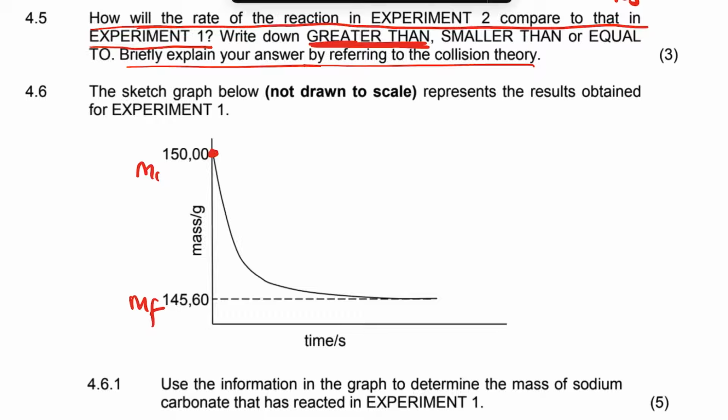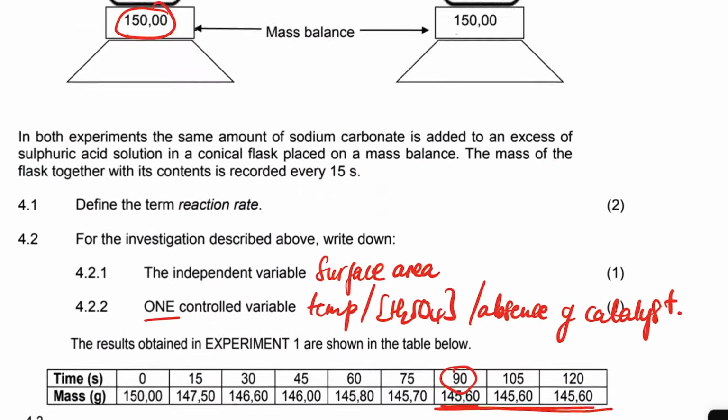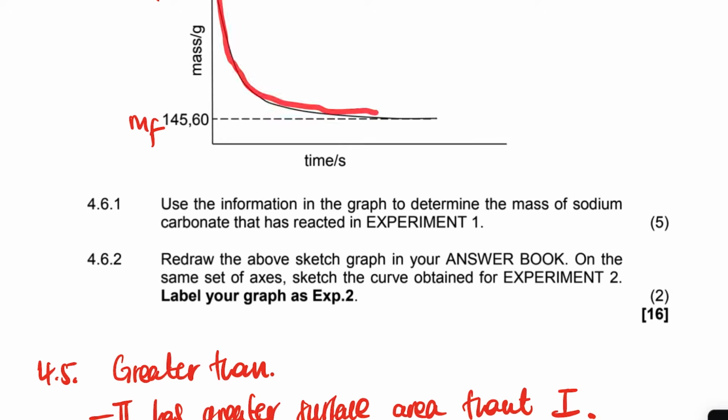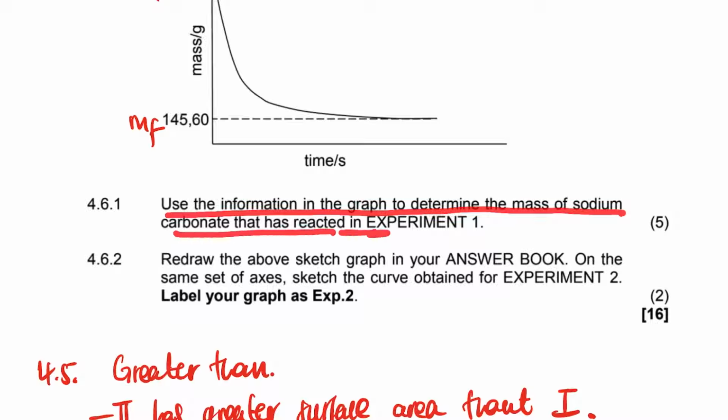It says from this graph, guys, we can obtain the mass of carbon dioxide released, therefore it can give us the mass of the sodium carbonate that is used. It says use the information on the graph to determine the mass of sodium carbonate reacted.